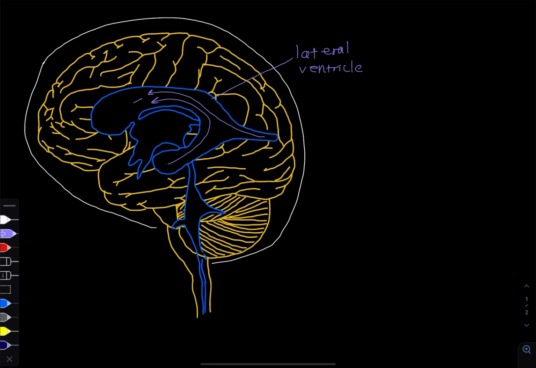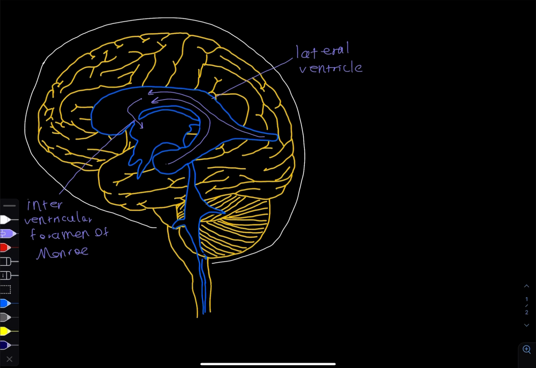It's going to then flow here through this space, which is called the interventricular foramen of Monroe. Then it is going to enter this area, which is called the third ventricle.